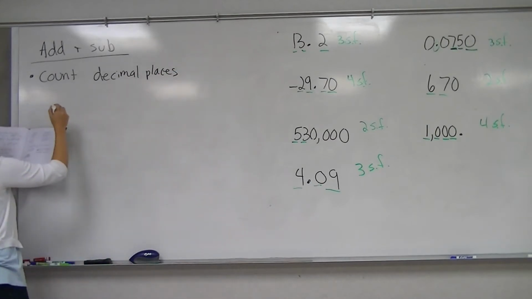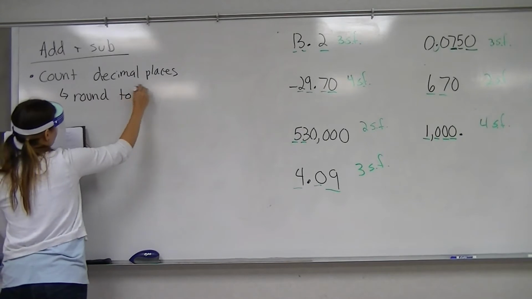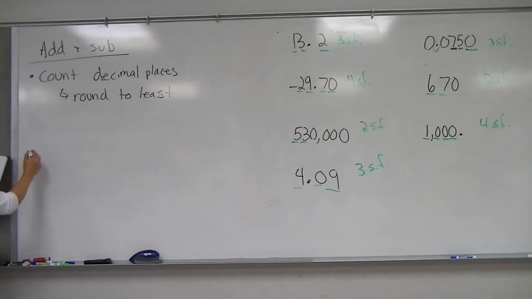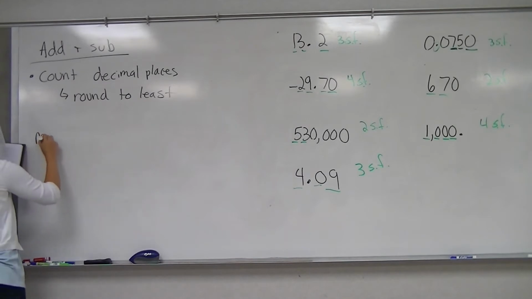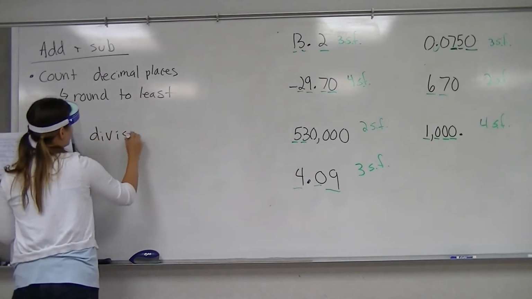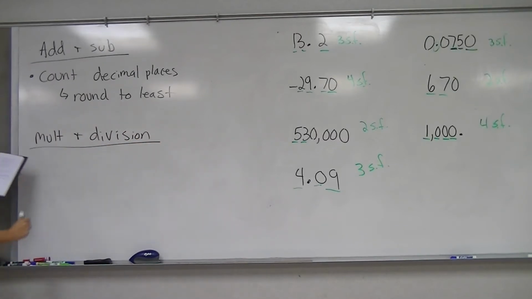The first thing you want to do when you're approaching a calculation problem is look at what order of operation you're applying. What I mean by that is, are you adding or subtracting, or are you multiplying or dividing?